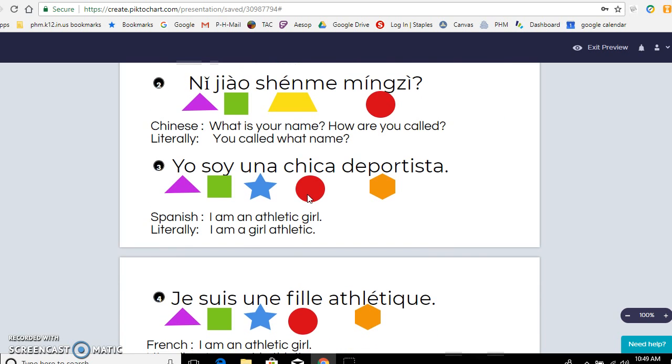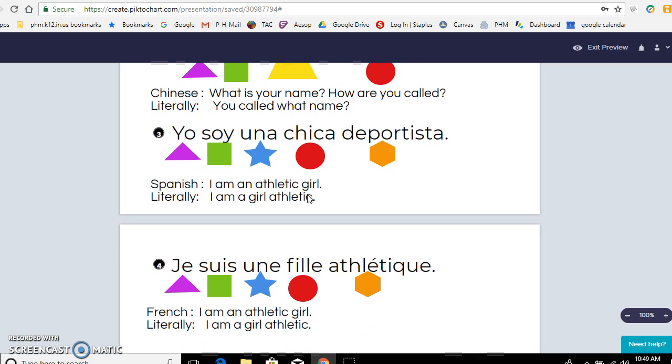My third and fourth example are in Spanish and French, but I used the same sentence. So you see that yo soy una chica deportista and je suis une fille athlétique. They are actually very similar when you're comparing Spanish and French, but when you're comparing Spanish and French to English, you see, okay, well, that's interesting. The adjective comes after the noun.